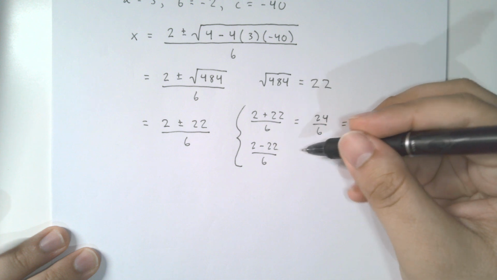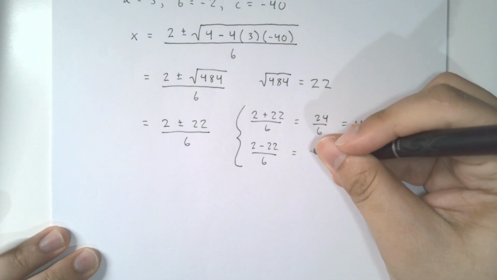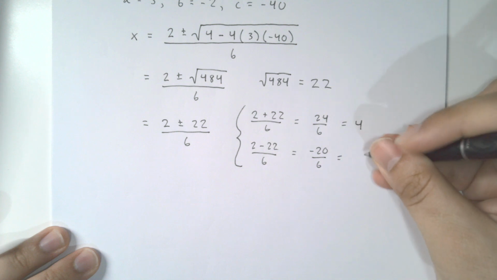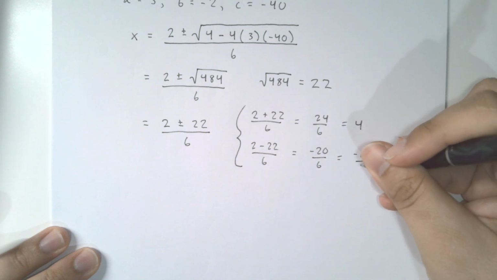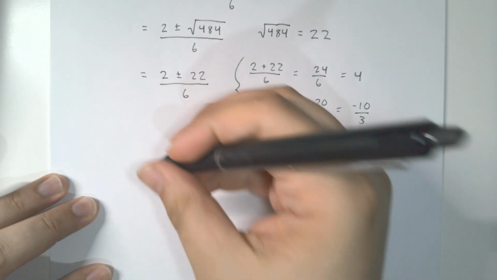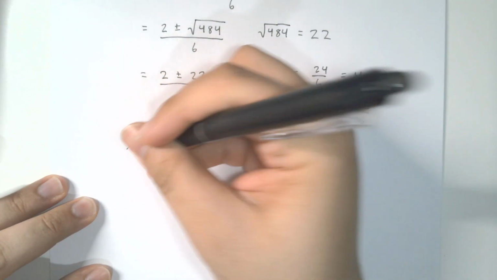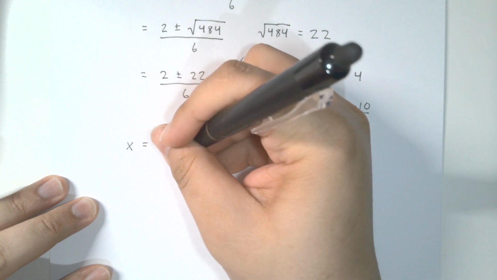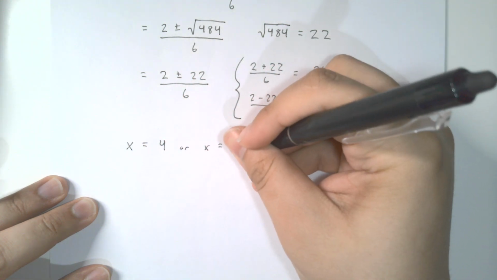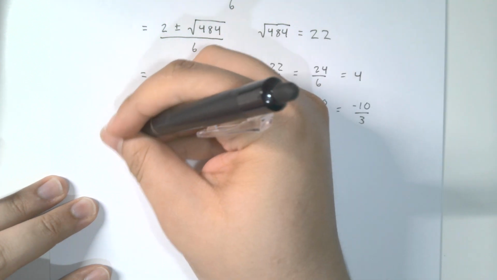And then we have 2 minus 22, so that's going to be negative 20 over 6, which is equal to negative 10 over 3. That means that our x values, we have x is equal to 4, or x is equal to negative 10 over 3.